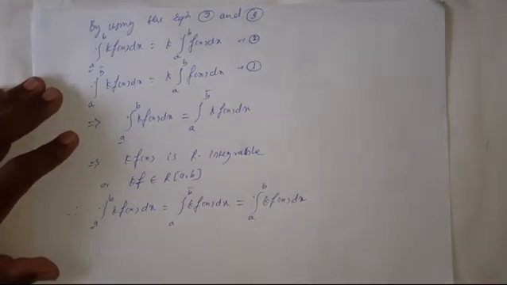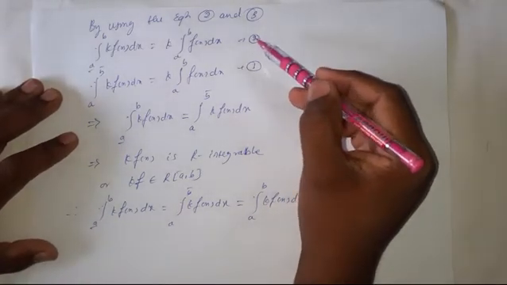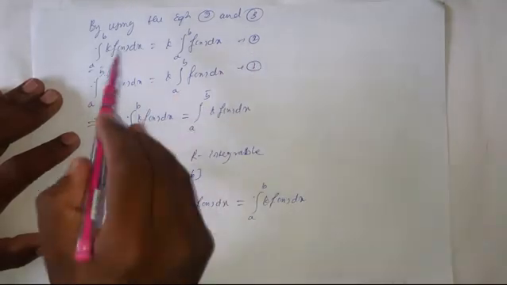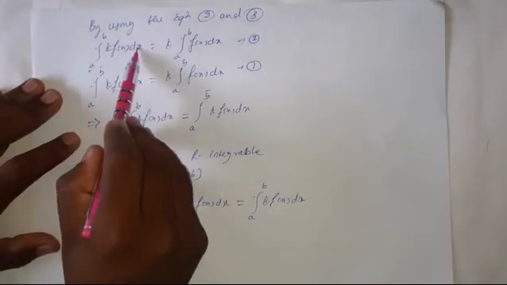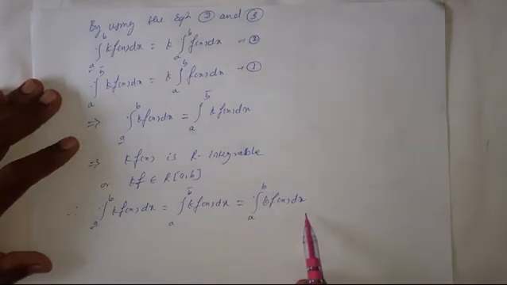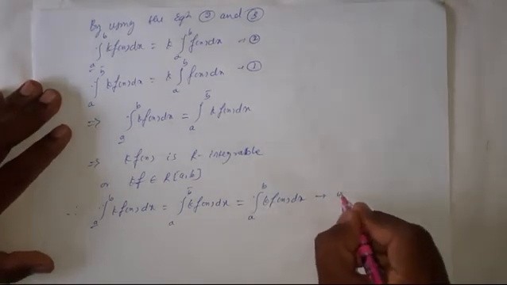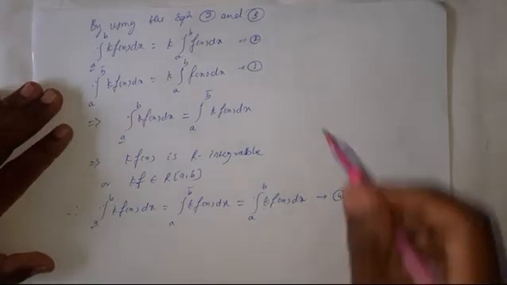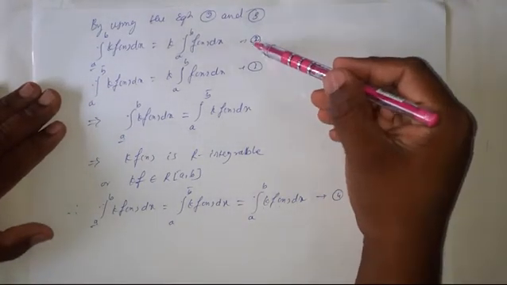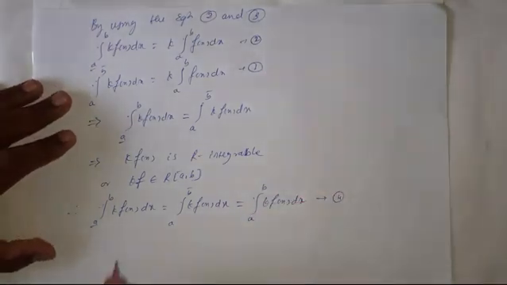So now by using equation 2 or 3, we can replace this bar a to b k into f of x dx by integration over a to b k into f of x dx. Is it right? Here you can consider this as equation number 4. Now you can use 2 and 4 or 3 and 4 to write the result.